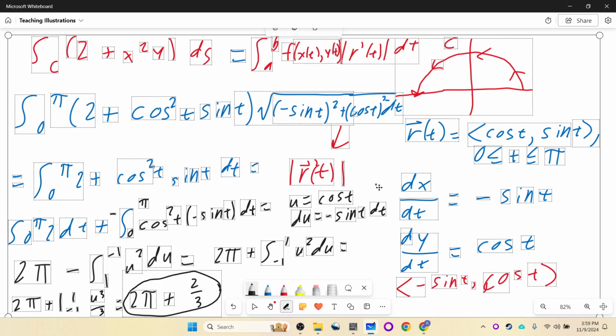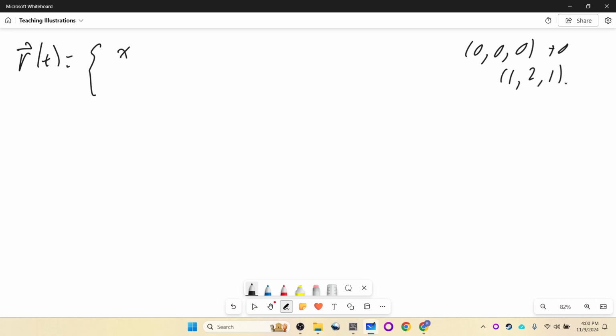All right, so first thing we need to do is write our parameterization. I'm not going to try to draw a picture because it's 3D and it's not really necessary. r of t is, okay, so let's see. We went from 0, 0, 0 to 1, 2, 1. So the velocity vector would be 1, 2, 1 with a starting point r naught of 0, 0, 0.